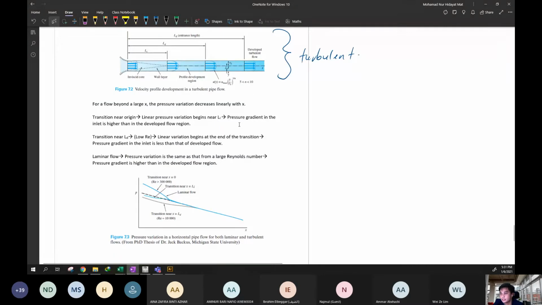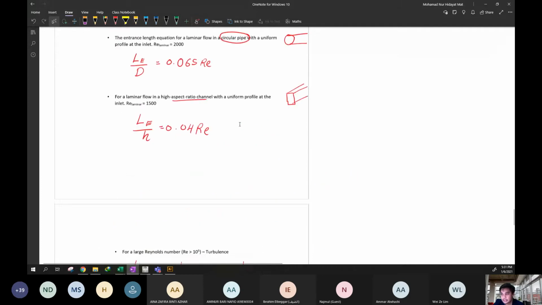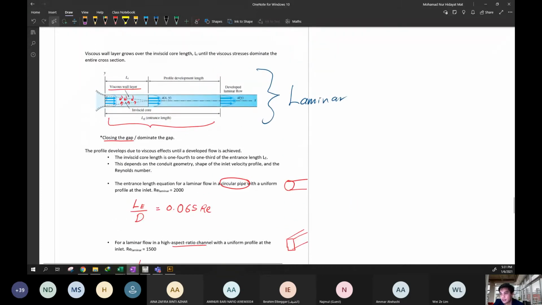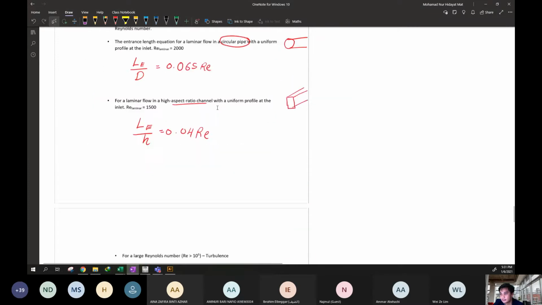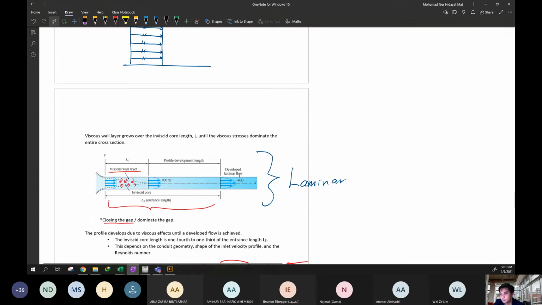Okay, we finished the internal flow. What I would like to highlight is that inside the pipe we have laminar and turbulent flow. Inside laminar we have the entrance length and the developed laminar flow.